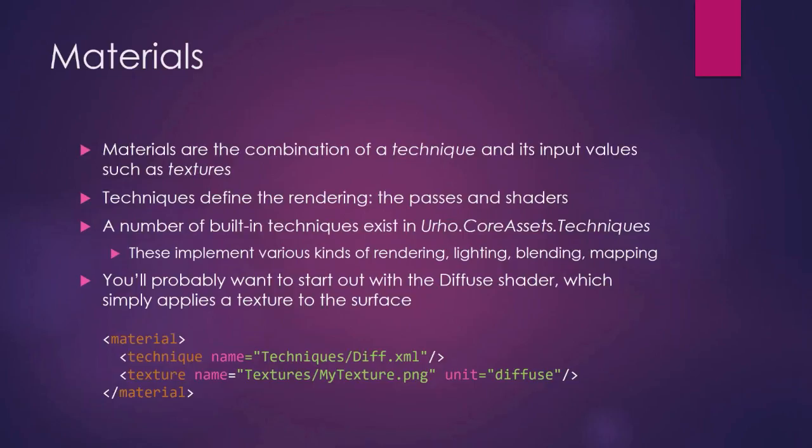So those shaders essentially take inputs like textures and colors and then use them to render the surface. So your material defines the textures and other inputs, and then refers to the technique.